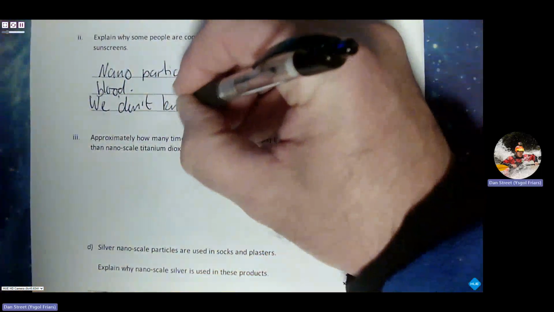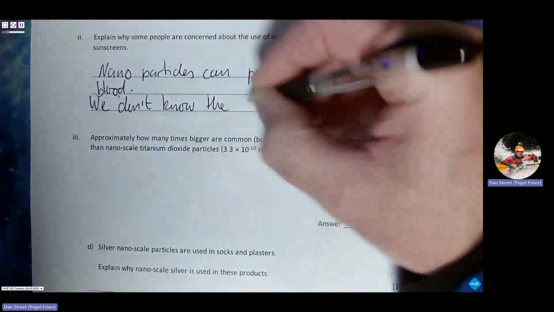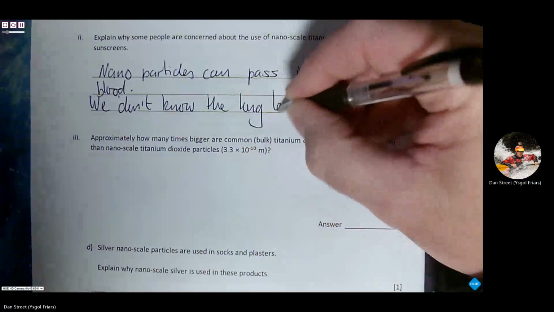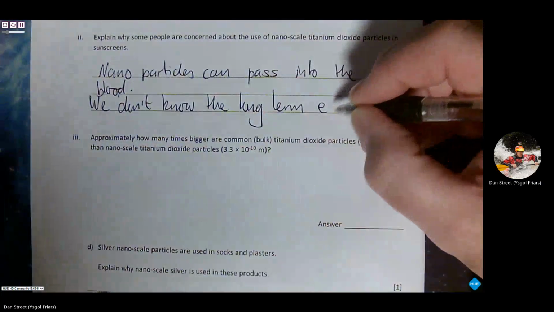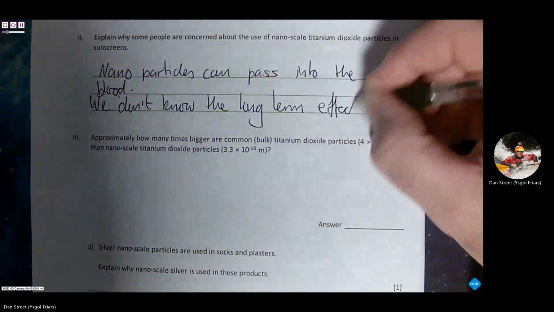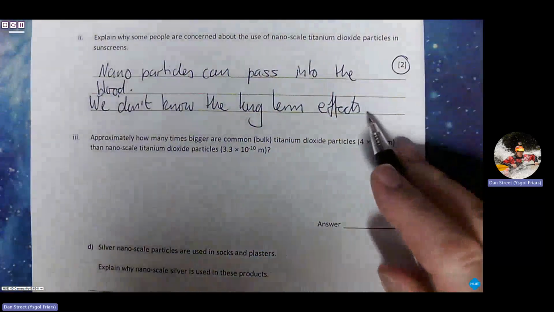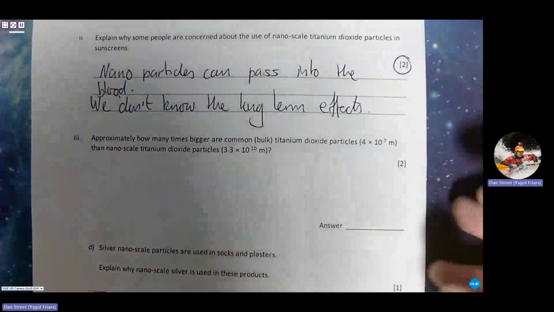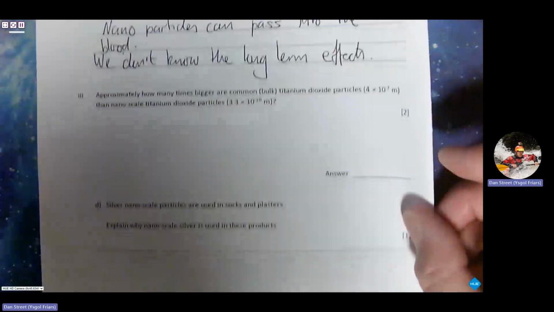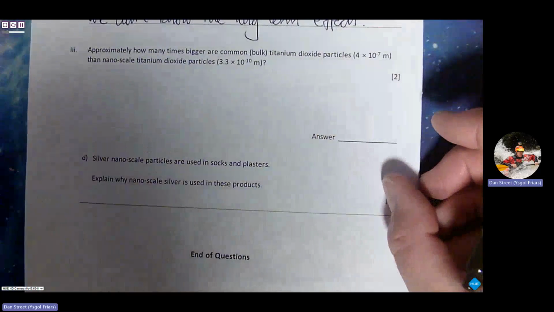So we don't know the long-term effects. It might be that they're completely harmless, or it may be that the titanium dioxide has some impact on people's health further down the road.